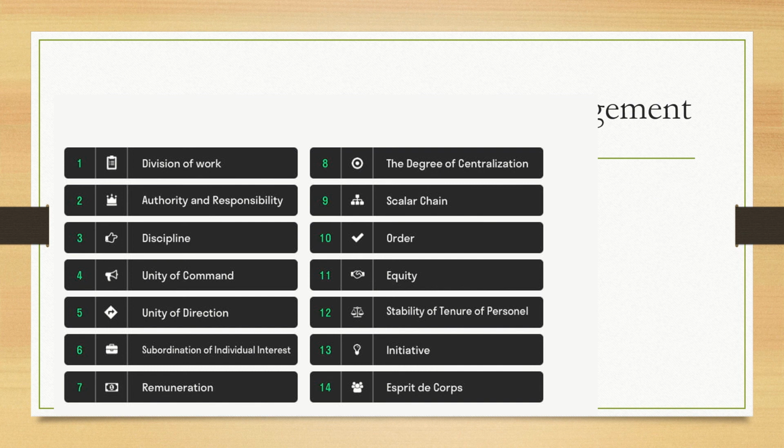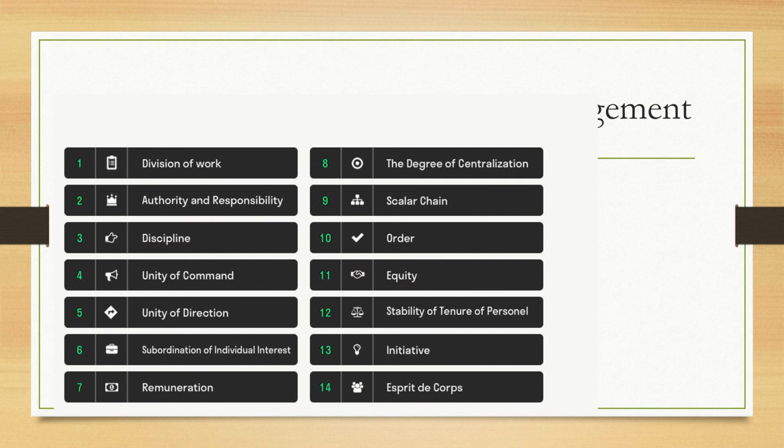The next topic is Henry Fayol's Principles of Management. What are these 14 principles of management explained by Henry Fayol? First one is division of work. Second, authority and responsibility. Third, discipline. Fourth, unity of command.